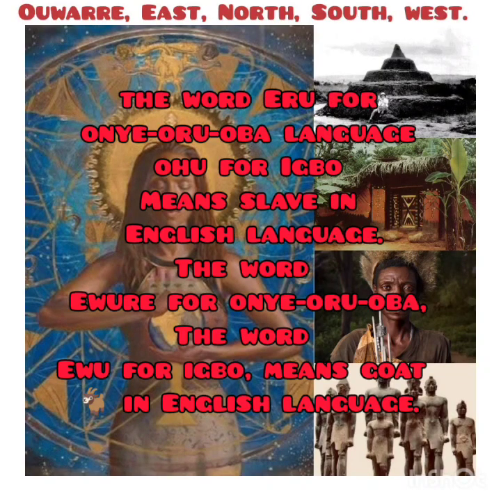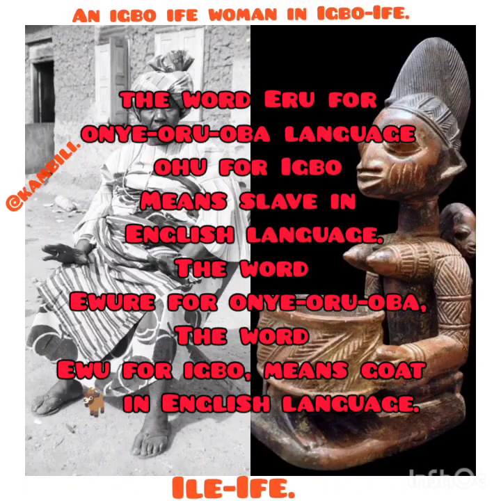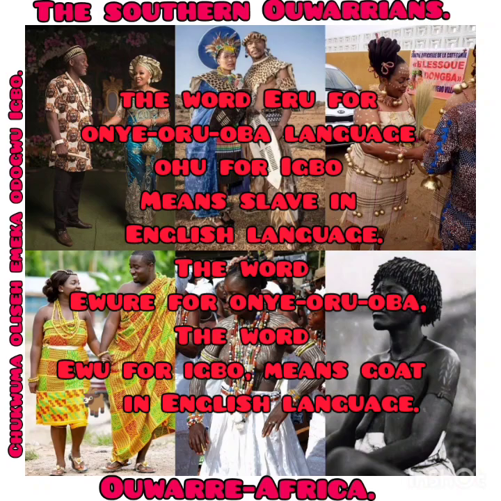The word Eru for Onye Yoruba language, Ohu for Igbo means slave in English language.